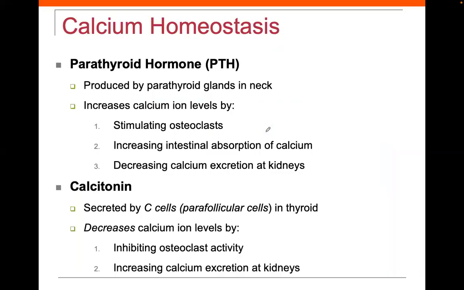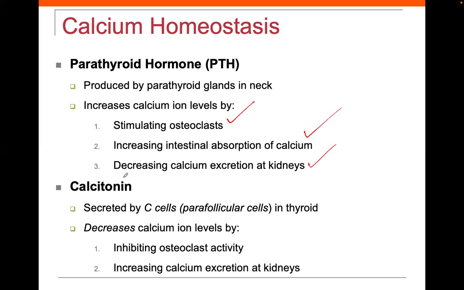So, make sure you feel comfortable with knowing what they do. So PTH is produced by the parathyroid gland in the neck. It increases the calcium ions, and we went through how that works, what it does by stimulating osteoclast, increasing the intestinal absorption, and decreasing the calcium excretion.